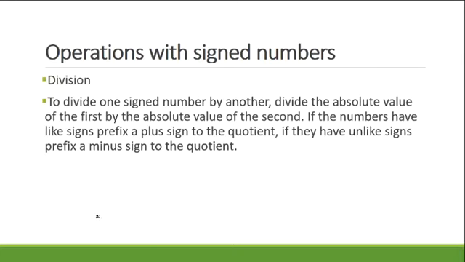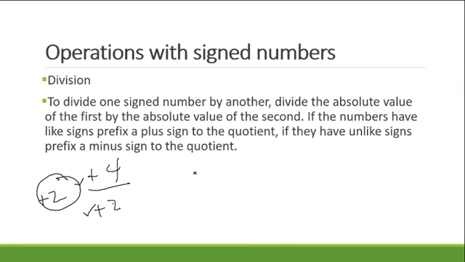Kapag like yung signs nila, parehas yung signs nung dinidivide mo, positive ang sagot. Kapag magkaiba, negative. So, ganito. Say, positive 4 divided by positive 2. They are like signs, parehas. So, 4 divided by 2, we have an answer of positive 2.